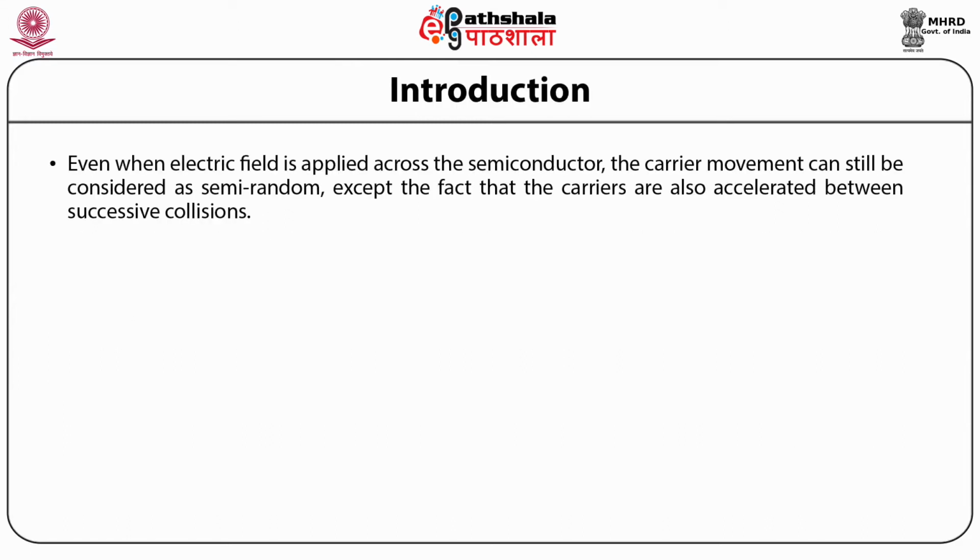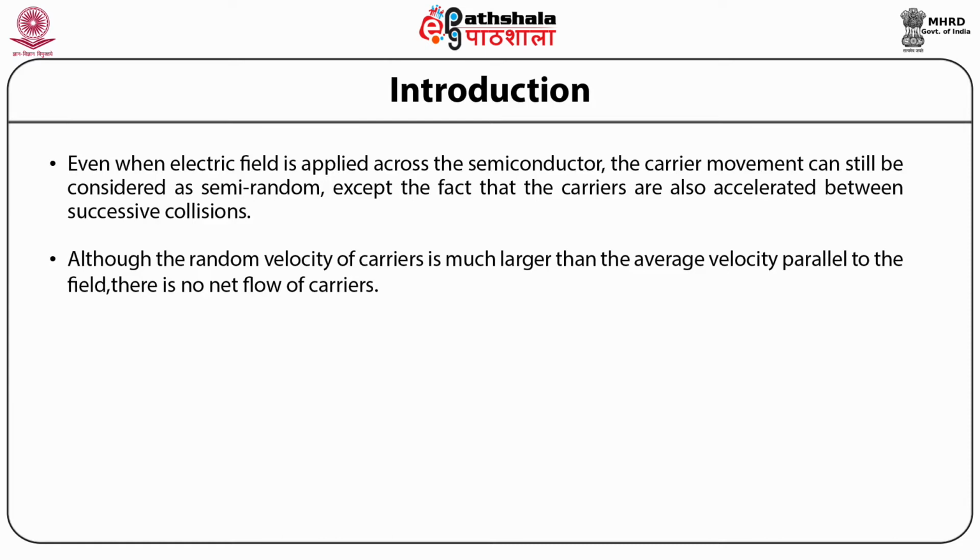Even when electric field is applied across the semiconductor, the carrier movement can still be considered as semi-random, except the fact that the carriers are also accelerated between successive collisions.